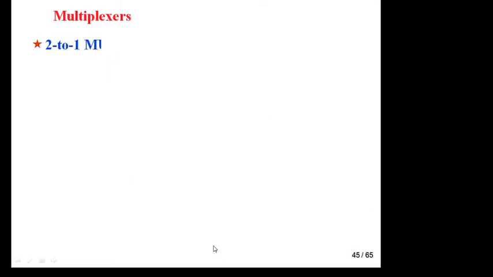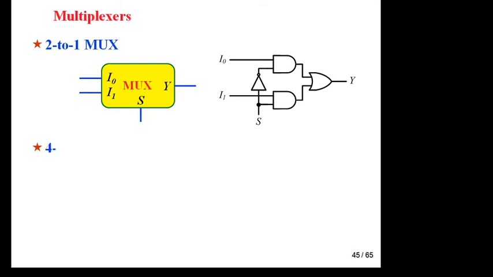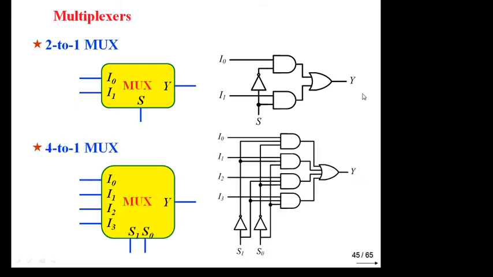So you can draw the circuit of the 4:1 mux. This is your circuit, with two select lines. When the value is 0 0, I0 is selected, so S1 bar S0 bar I0. Similarly for the others, up to S1 and S0 into I3, and an OR gate is required.